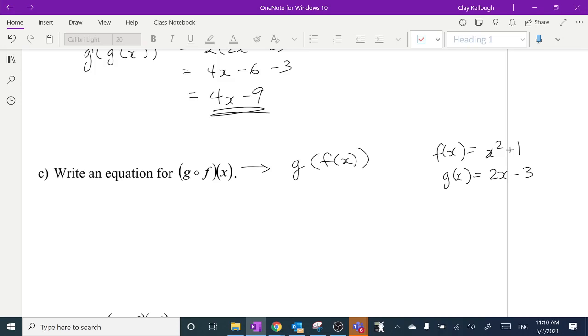Take this function and replace this x with that function. Put this machine inside of that machine and see what it turns out to be. So g of f of x is 2, and instead of this x, I replace it with x squared plus 1.